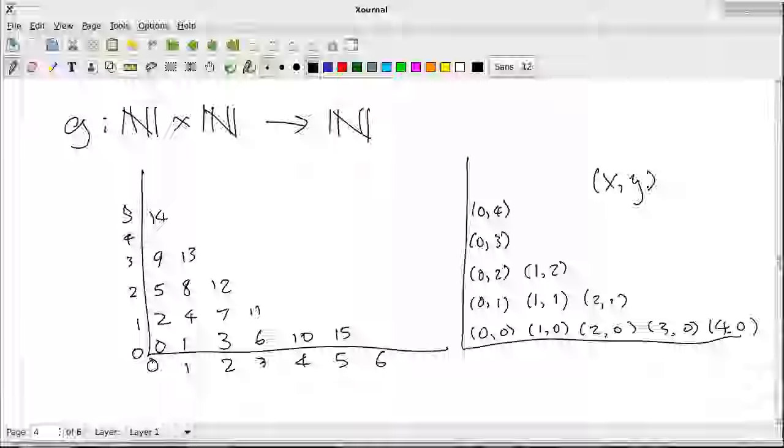So if you look at this particular diagonal line, the natural numbers are 10, 11, 12, 13, and 14. So the y coordinate is what you add to the natural number at the base to get to a particular value on the diagonal line. Is that okay?